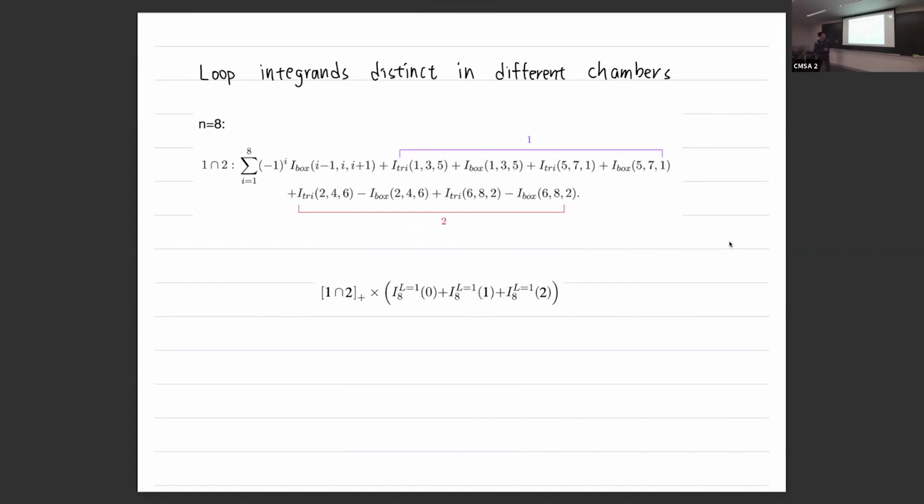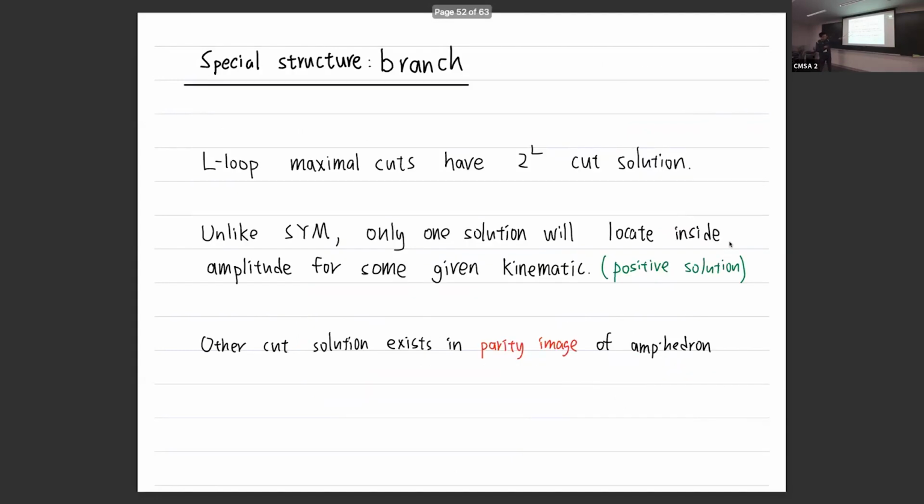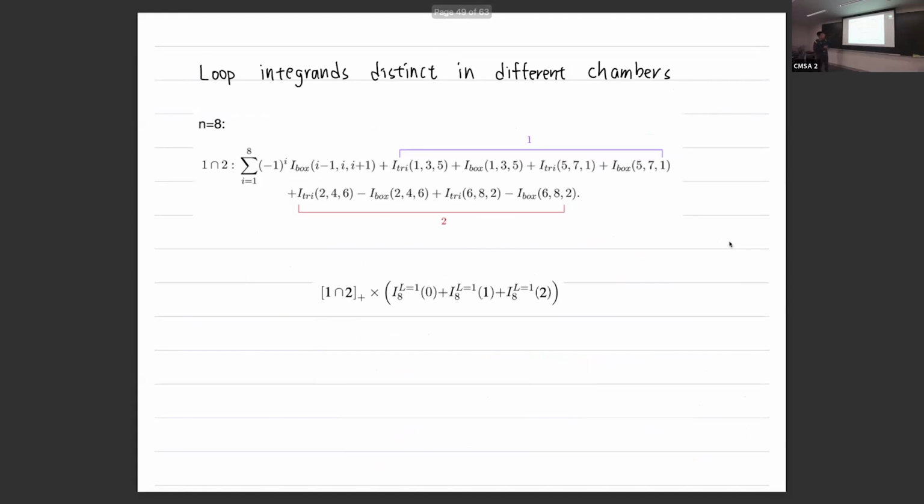So the loop integrand in different chambers will have a distinct loop form. If we are in the region of 1 intersection 2, our loop form will display the intersection structure. So this integrand refers to the maximal cut of 1, and this integrand is related to the maximal cut of 2, and this part of the integrand will produce a sub cut.